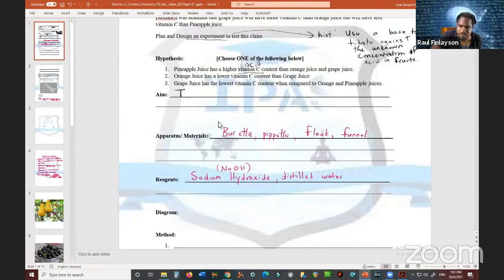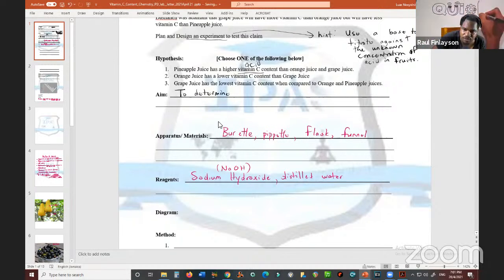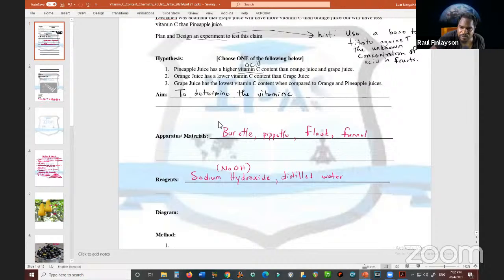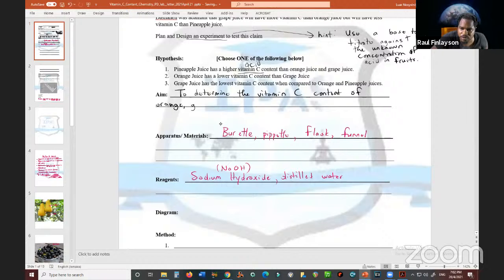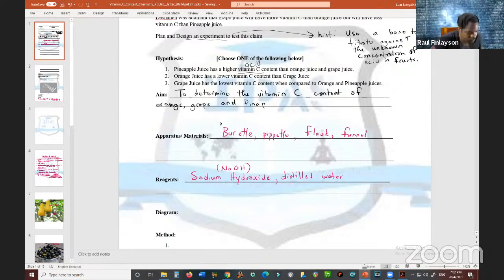What I mean is that the aim could be to determine the vitamin C content of, in fact, you're going to have to use all three juices in this case, so of orange, grape, and which one is pineapple? Probably not spelling pineapple properly. All right, and pineapple juice.